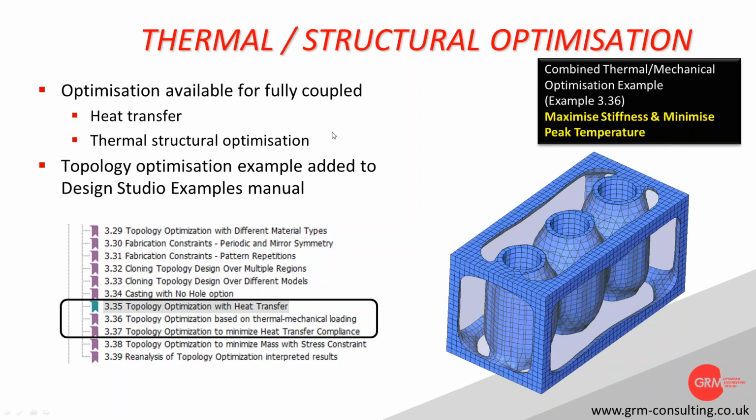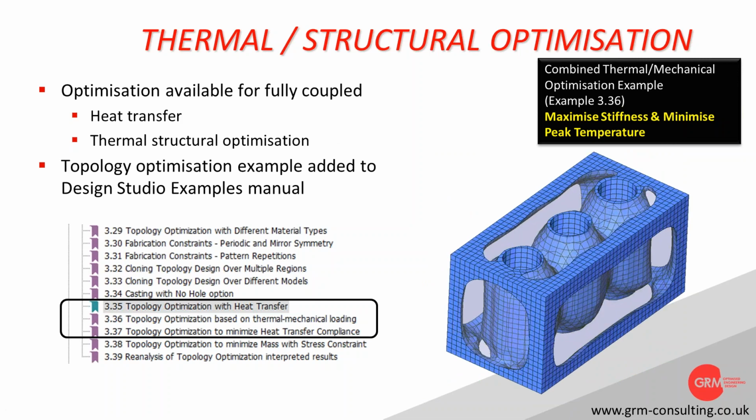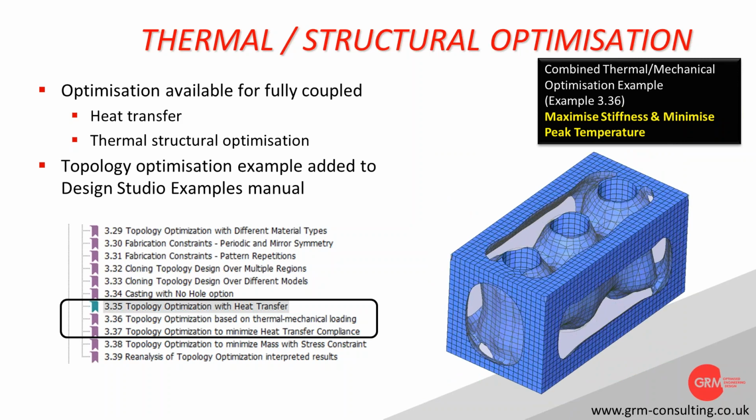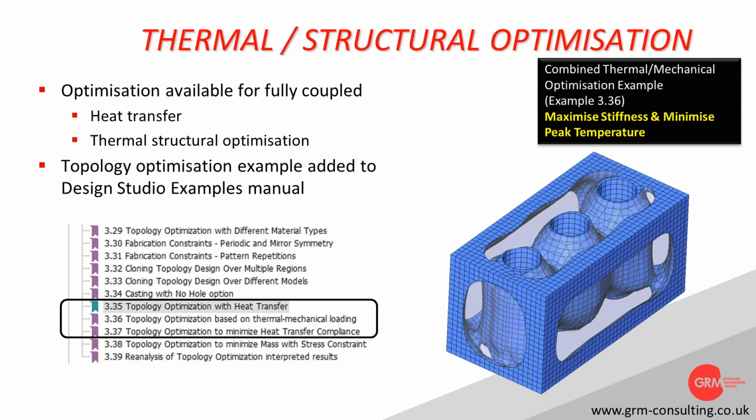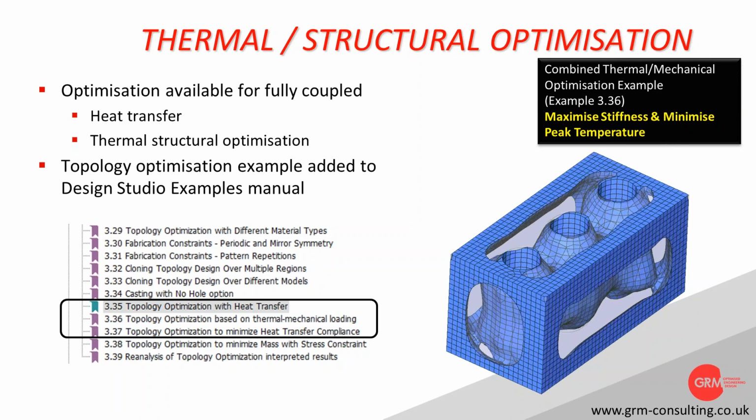But you can also perform combined thermal mechanical optimization. One of the key strengths of this is that the topology optimization will consider both the distortions due to thermal loading and how the topology itself will change the heat transfer during the calculation.